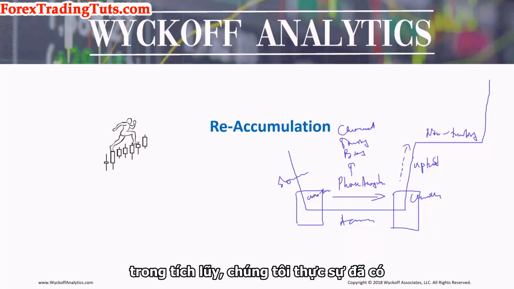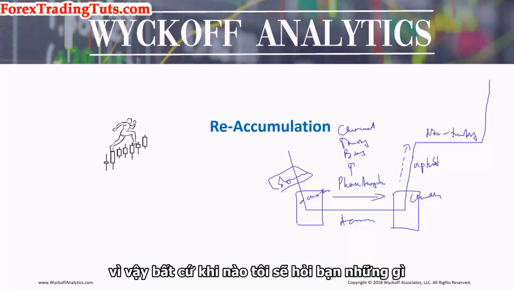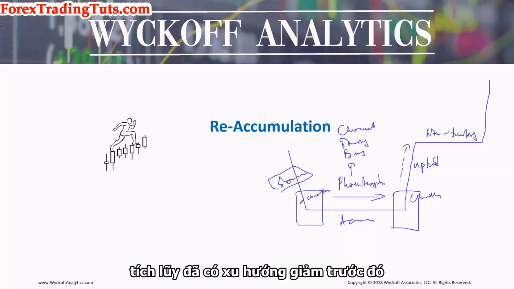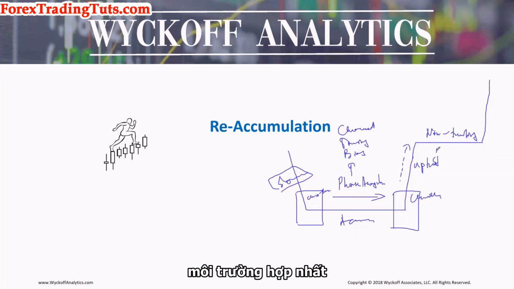In accumulation, we actually had a downtrend. And that's the only difference. So whenever I ask you what's the main difference between accumulation and reaccumulation, that's how you address this question. Accumulation had a downtrend before that. Reaccumulation had an uptrend before a consolidated environment.